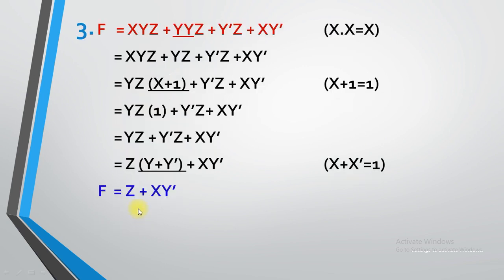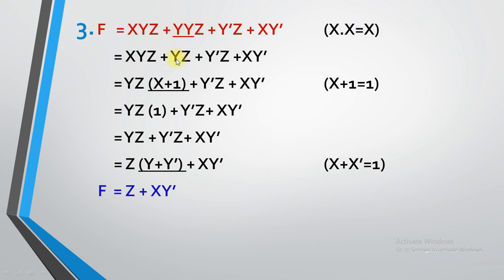Now let me take the next sum. F equals xyz plus yyz plus y dash z plus xy dash. In the first term only there is a repetition of the y variable. So instead of writing y twice, I need to write y one time only, based on the x into x equals x postulate.